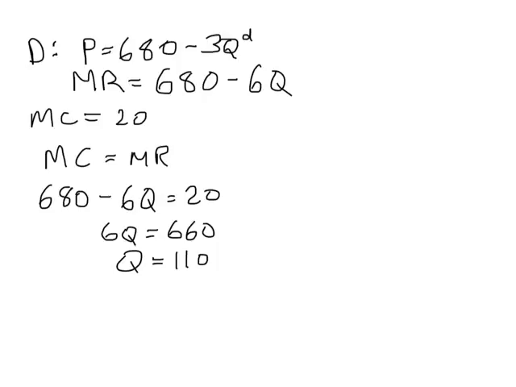All right, so that is the quantity that the monopolist will produce. We can plug that back into the demand curve. Make sure you plug that into the demand curve, not the marginal revenue or marginal cost. Sometimes you have a function for marginal cost, not just a flat line at 20.